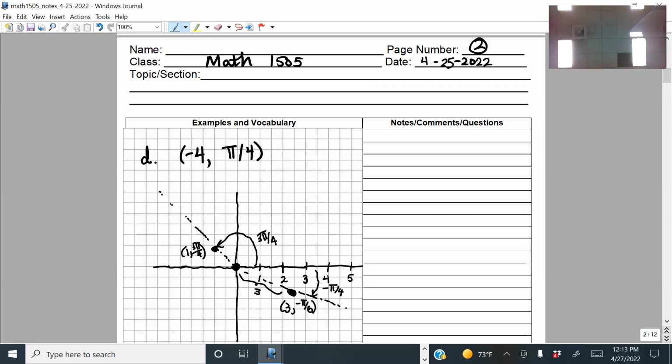Oh, yeah, I did. Okay. And I put a 6 there. So it's kind of tricky to plot points in polar coordinates, because getting the angle exact is hard, and then also finding this distance, this straight line distance from the pole to your point.